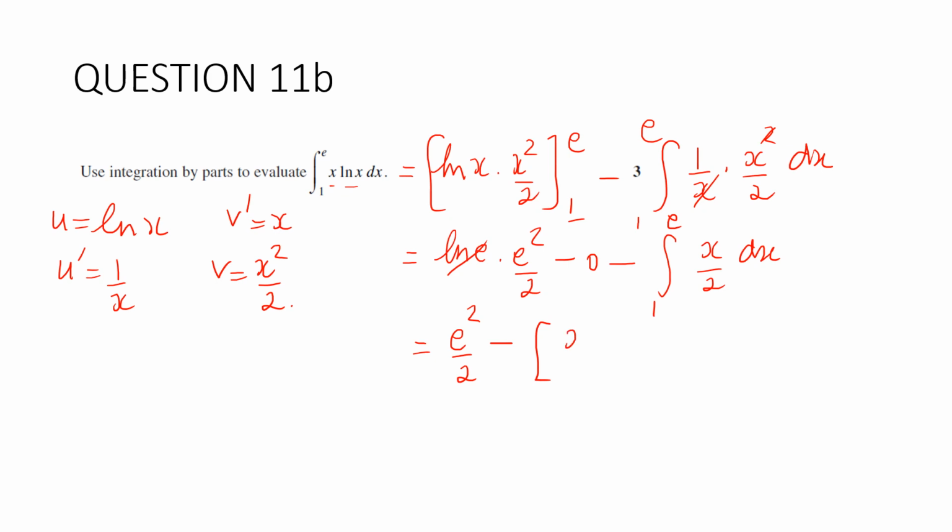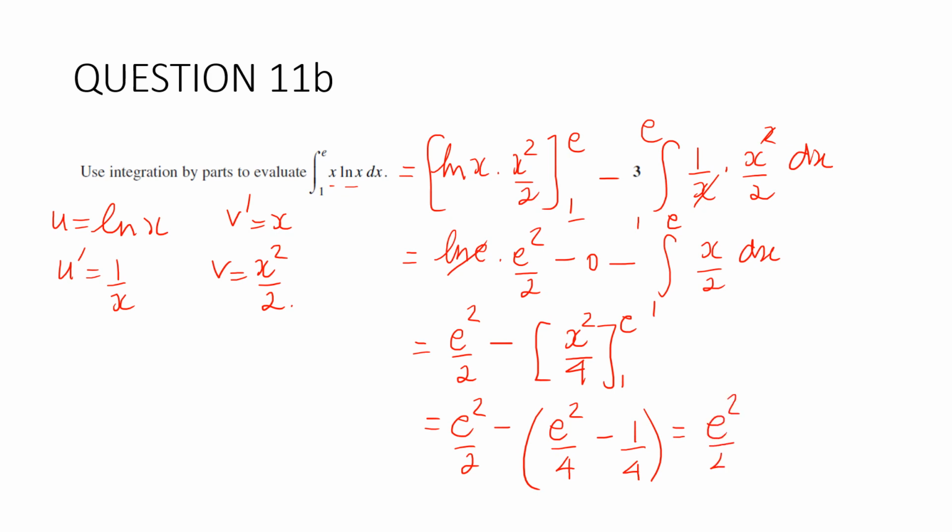Let's integrate, we've got x squared on 4, between 1 and e, is equal to e squared on 2, take away e squared on 4, take away a quarter, which is equal to e squared on 2 take e squared on 4, is e squared on 4, and then we've got plus a quarter.